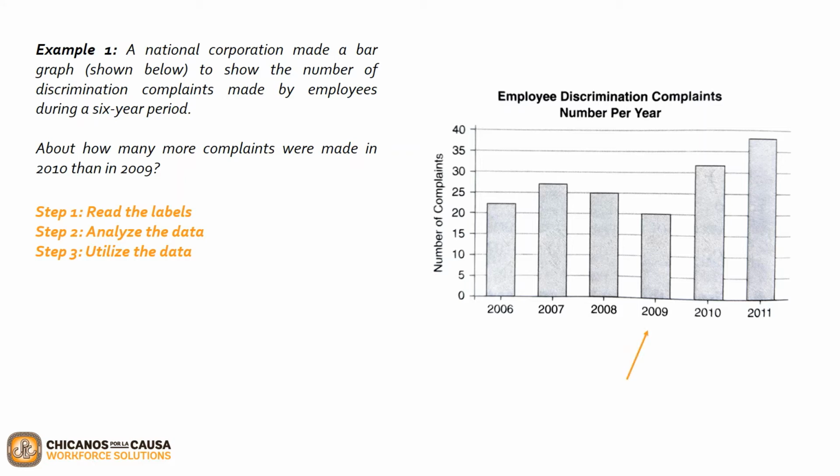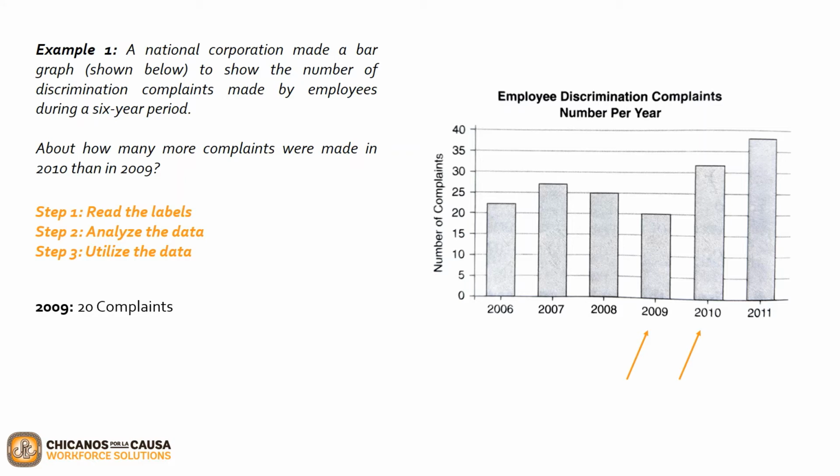So let's look at 2009 first. For the year 2009, if we move all the way to the top of that particular bar, we can see that there were 20 complaints made in that year. Now let's look at 2010. If we go all the way up to the top of the bar graph, we can see that it lands somewhere in the middle between 30 to 35 complaints.